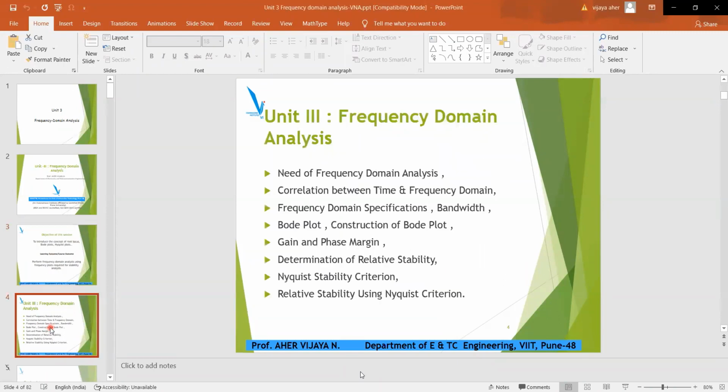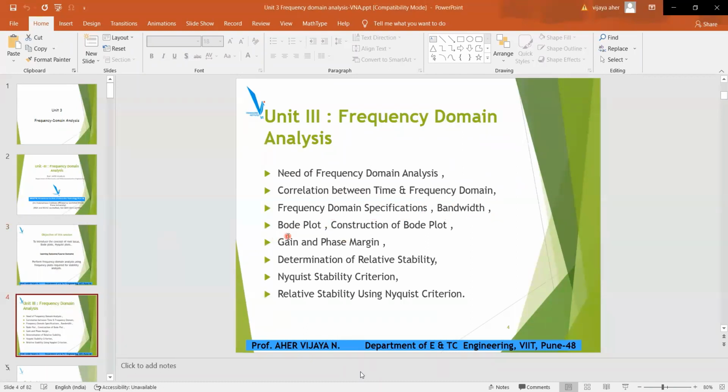Now these are the contents of unit 3. Unit 3 is frequency domain analysis. In frequency domain analysis, you are going to study need of frequency domain analysis, what are the advantages, then correlation between time and frequency domain, then frequency domain specifications, bandwidth.